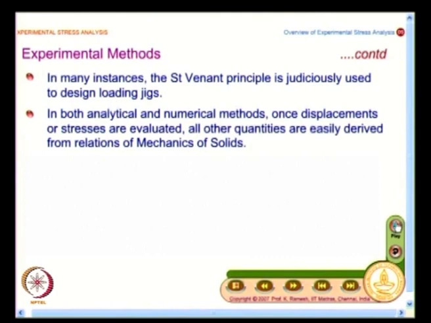Then there is also another difference. In the first example, I showed an axial member pull, you have P by A, you have the stress component, and the rest of the stress components are 0. If you want to find strain, you can easily find it, because you have readily available mechanics of solids equations: stress strain relations, strain displacement relations.